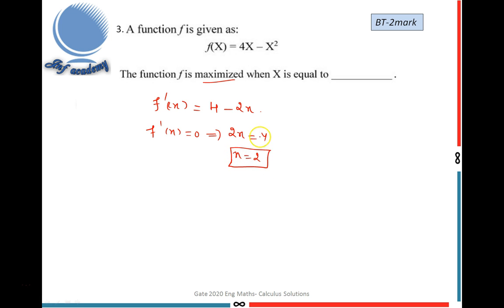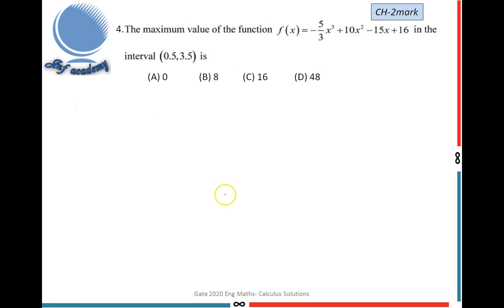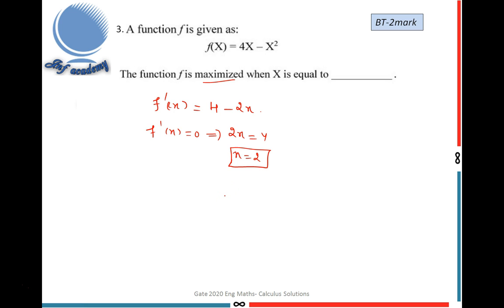The function f is maximized or minimized at x equal to 2. You have to check whether it is maximized or minimized. Here I use the second derivative test. Next I find f double dash of x. f double dash of x is minus 2. f double dash of x is always negative for all values of x.